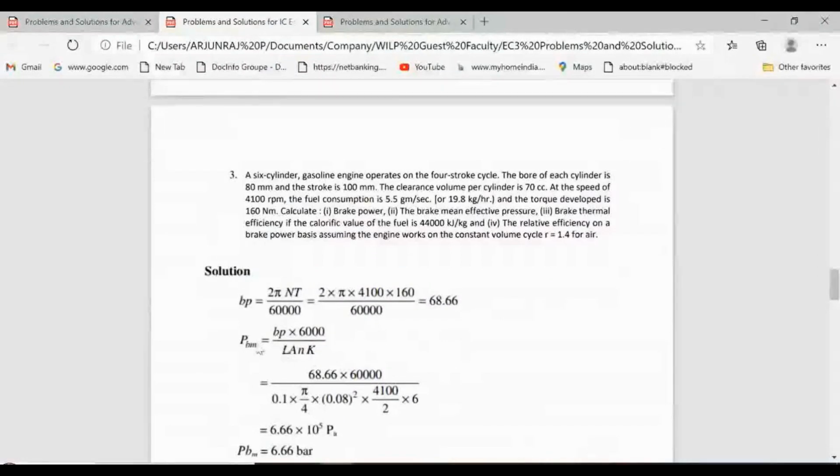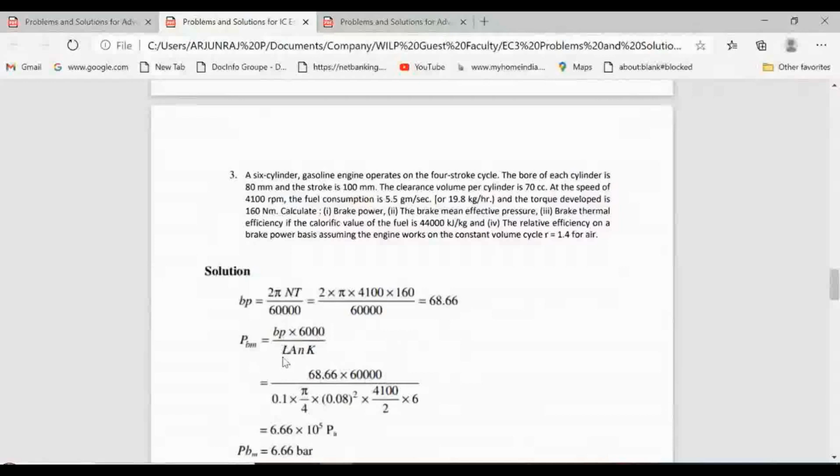Here they ask me to calculate the brake mean effective pressure. It's nothing but the brake power divided by length, area, and then N into K. You see here the brake power we have calculated, 68.66, into 60,000.